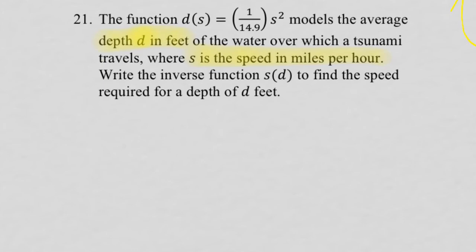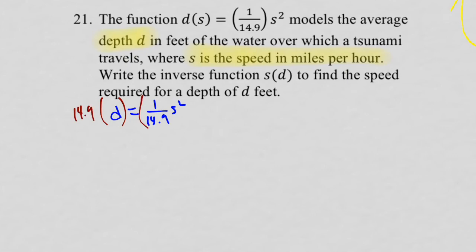So basically, find the inverse of this. I'm going to write it not in function form, I'm going to write it as just d. So d equals 1 over 14.9 s squared. And I want to solve for s. The first thing I'm going to do is get rid of the 14.9 by multiplying both sides by 14.9.